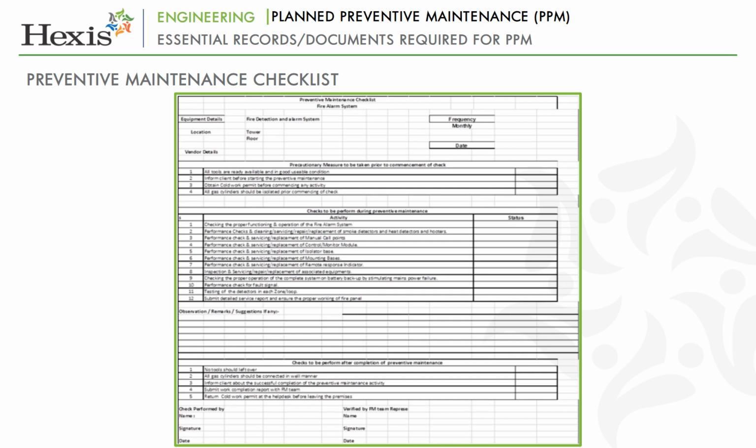The tasks listed in the checklist will again be dependent on whether it is a monthly, quarterly, or annual maintenance. The frequency and the individual tasks are based on the best practices, OEM recommendations, and specific needs of the facility or equipment. A sample preventive maintenance checklist is shown on your screen.